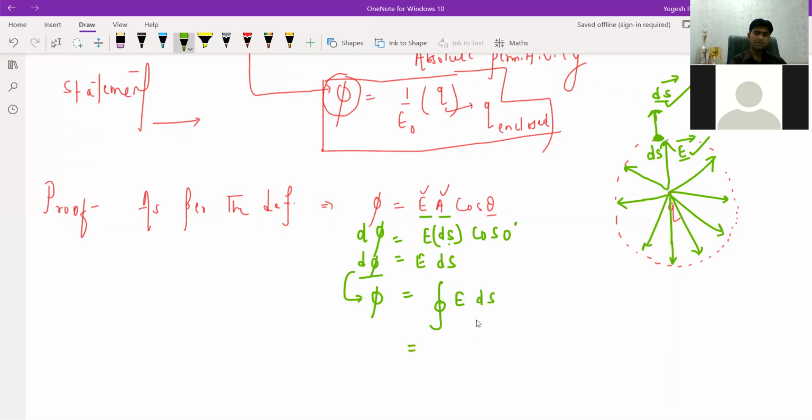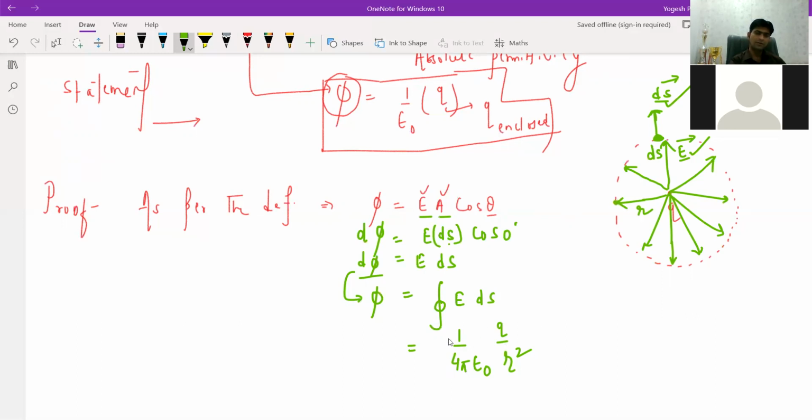Now, what is the formula for the electric field due to a point charge? 1 by 4 pi epsilon naught q upon r square. Here r is the radius of this Gaussian surface, because we are calculating at a point on the surface.